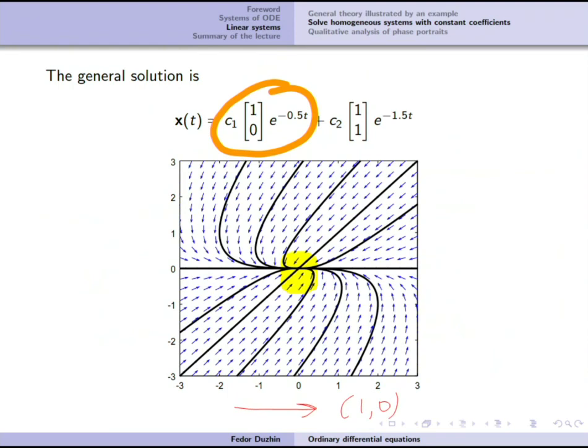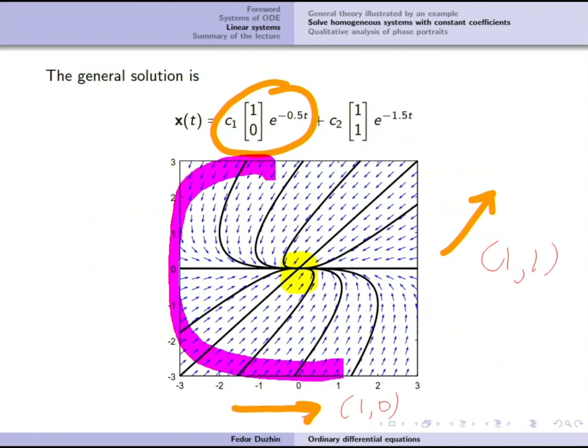But now, far from the origin, the other eigenvector is (1, 1). So let me write that: that's (1, 1). And indeed, you see that far from the origin, around here, everything becomes parallel to the vector (1, 1).